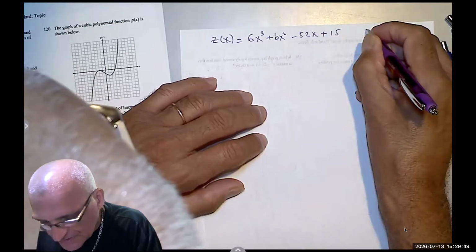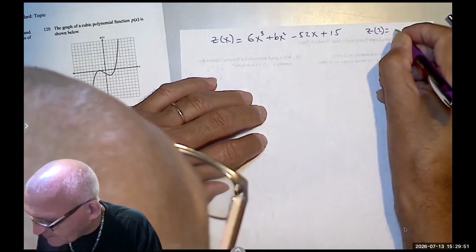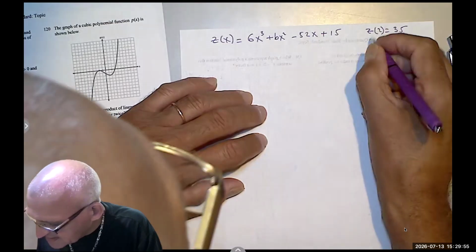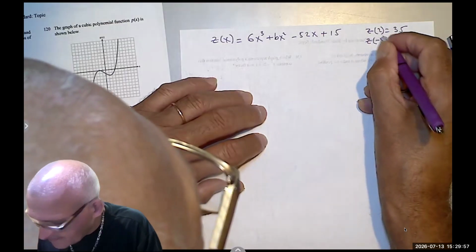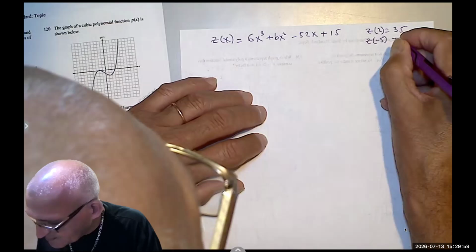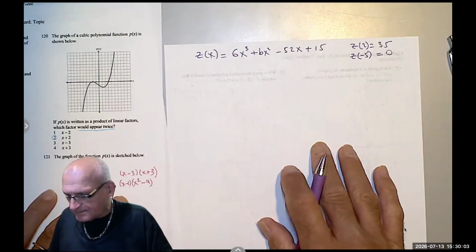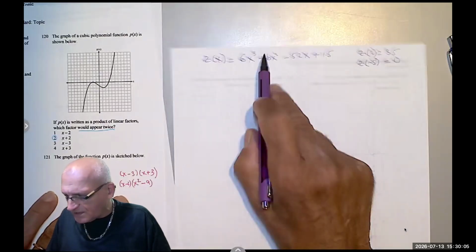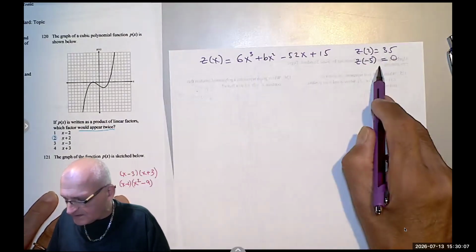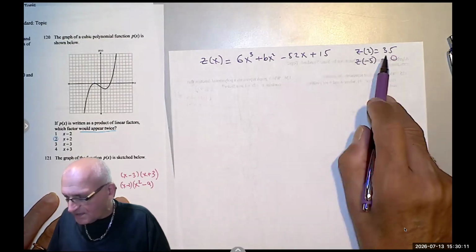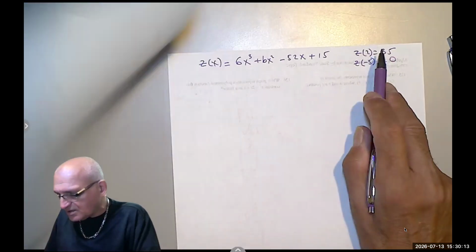And they tell you z of 2 is 35 and z of -5 is 0. Algebraically determine all the zeros. There's only one unknown. Why do they give us two of these? I don't think we need the first one.